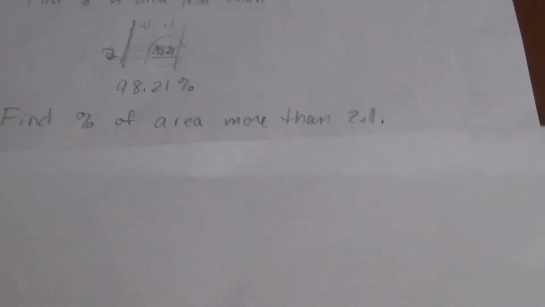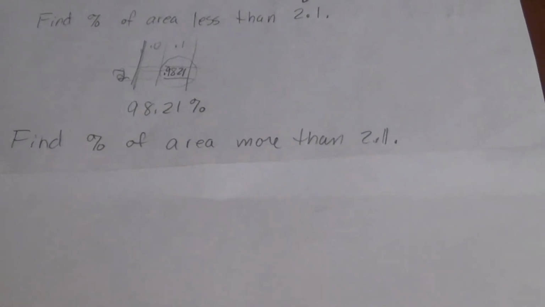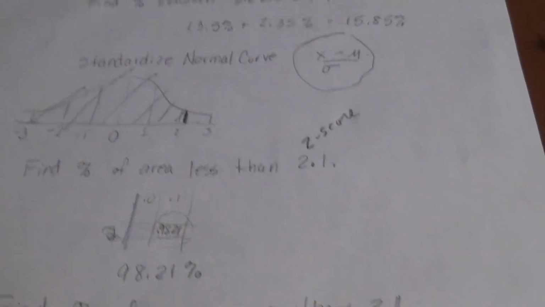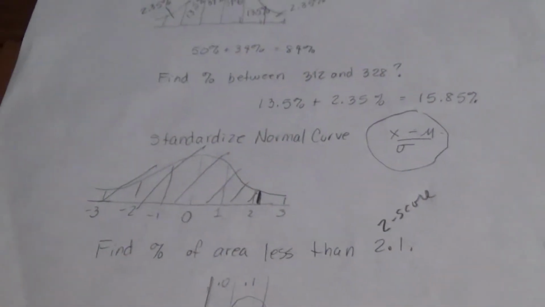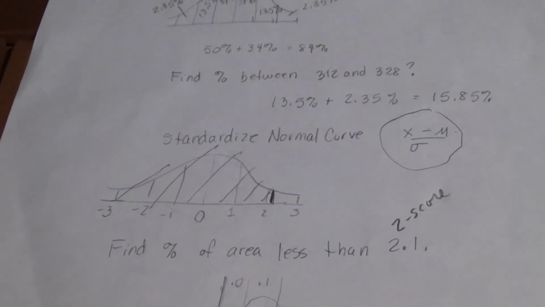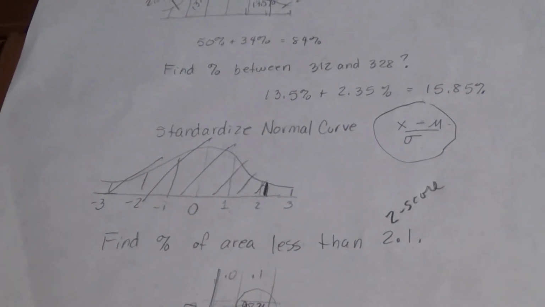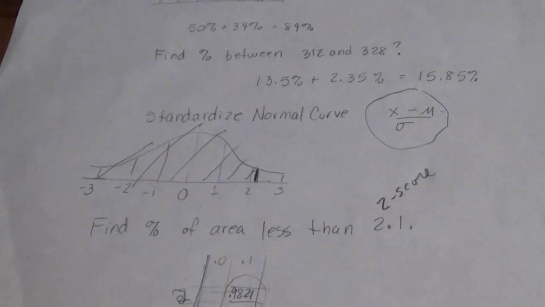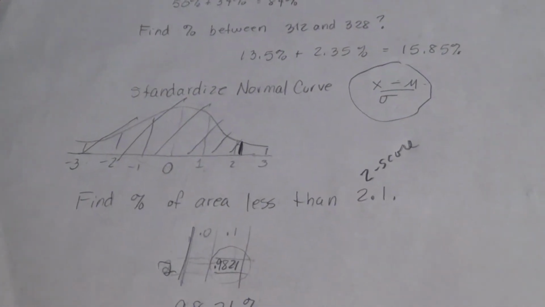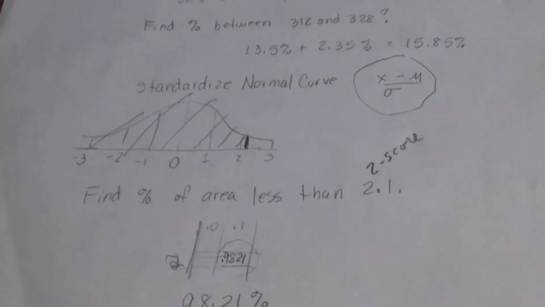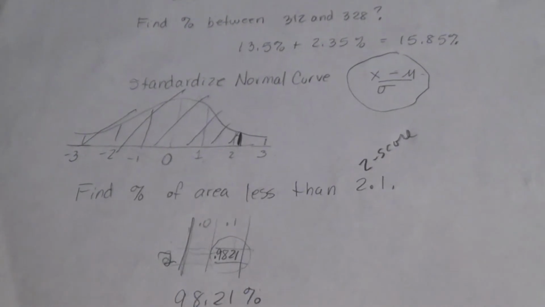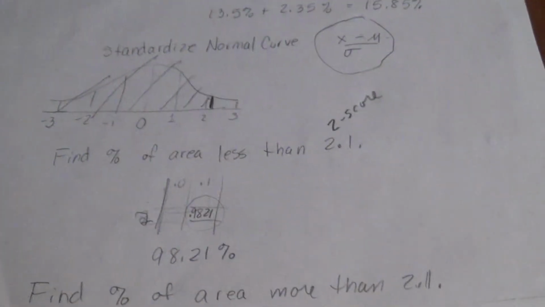Alright, now going from there, find the percent of the area more than 2.1. So going up here, this will be talking about the area under the curve that is not striped, that area to the right of the dark line. To do that, remember the chart always tells us what's less than the number in the chart.